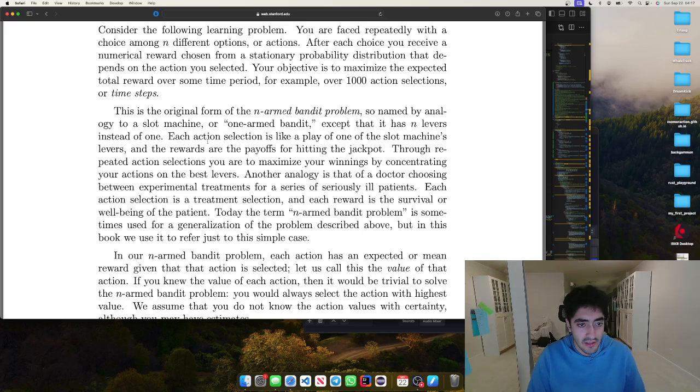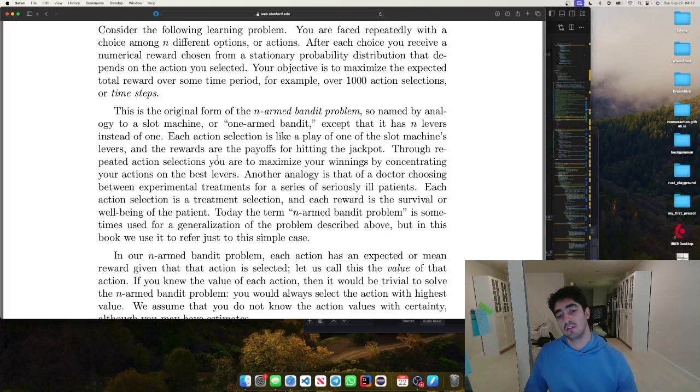Through repeated action selections, you are to maximize your winnings by concentrating your actions on the best levers. Another analogy is that of a doctor choosing between experimental treatments for a series of seriously ill patients. Each action selection is a treatment selection, and each reward is the survival or well-being of the patient.